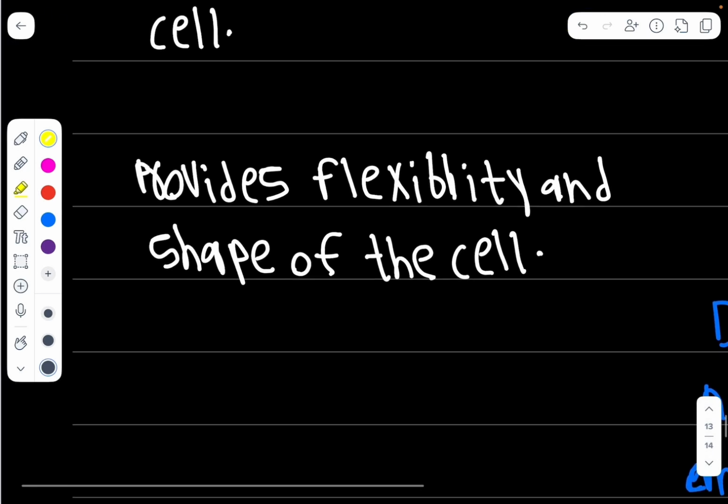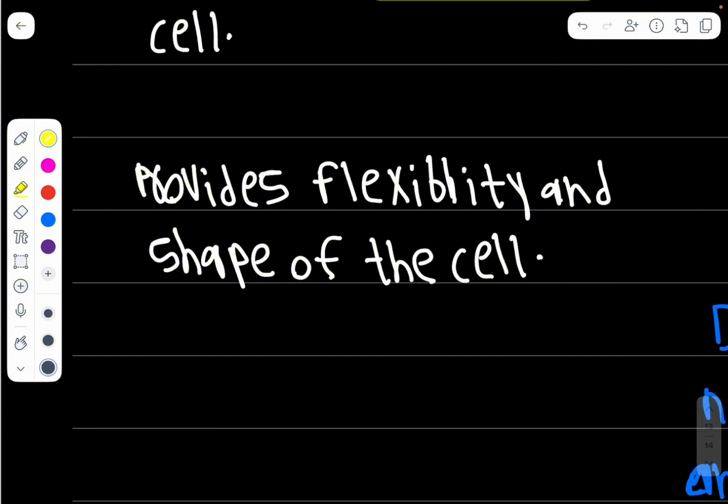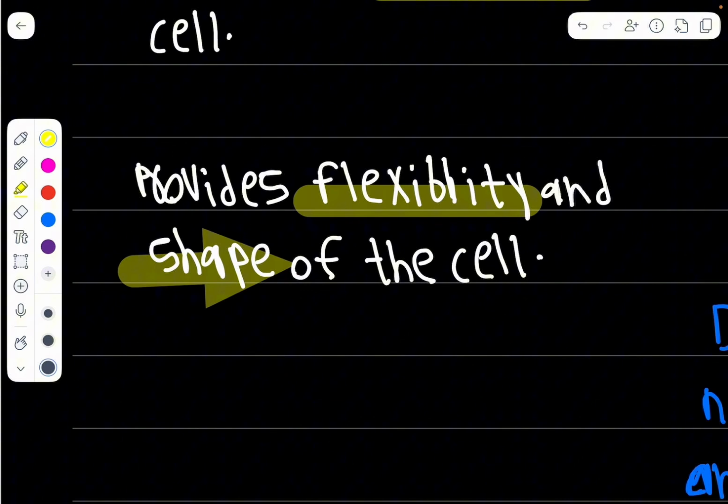Now we are talking about its flexibility. We talked about it being flaccid and soft, so it provides flexibility and shape to the cell. You understand that?